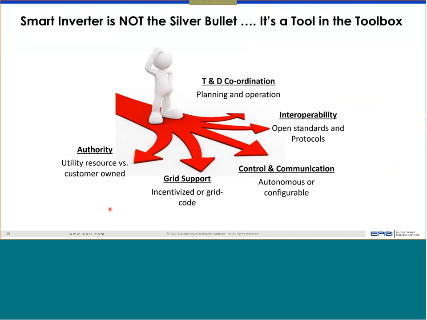Last slide. All these smart inverters are good. Those are very useful resources, good tools to have in your toolbox, but not necessarily the silver bullet. You still need a lot of other factors. T&D coordination is a major issue across the industry: how do you coordinate the requirements, how do you do co-simulation, and all the service type of discussion.